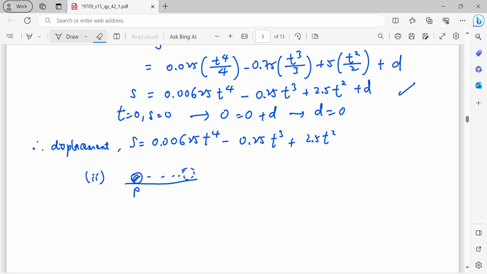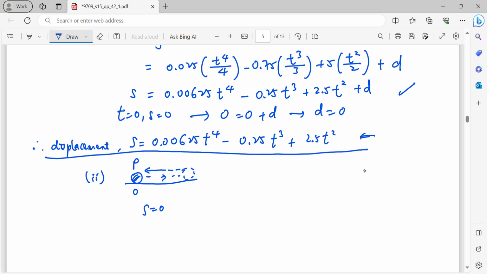This is the starting point. I will say this is the starting point O. This is the particle P. So it moves to the right side. After that, it goes back. So when it goes back, it means that the displacement will be 0. So now I will write s equals 0.